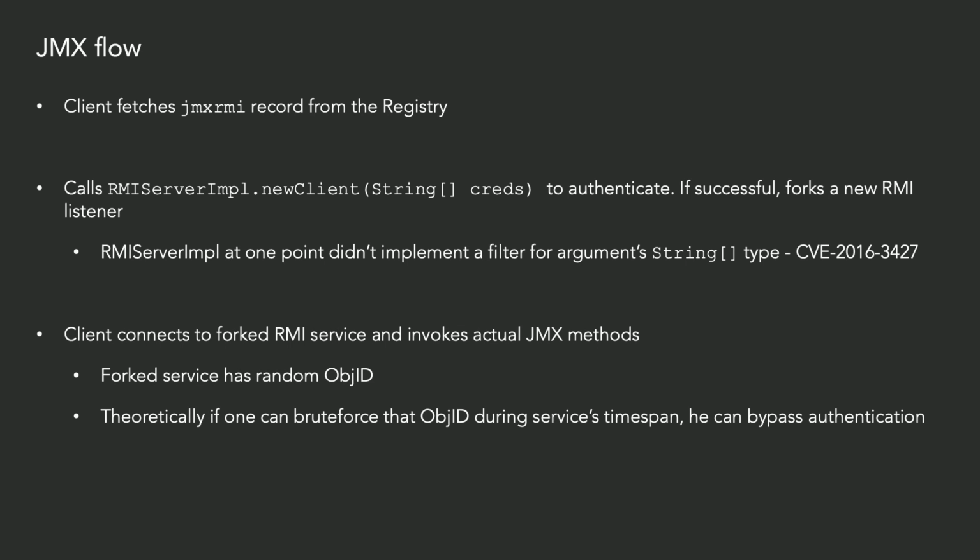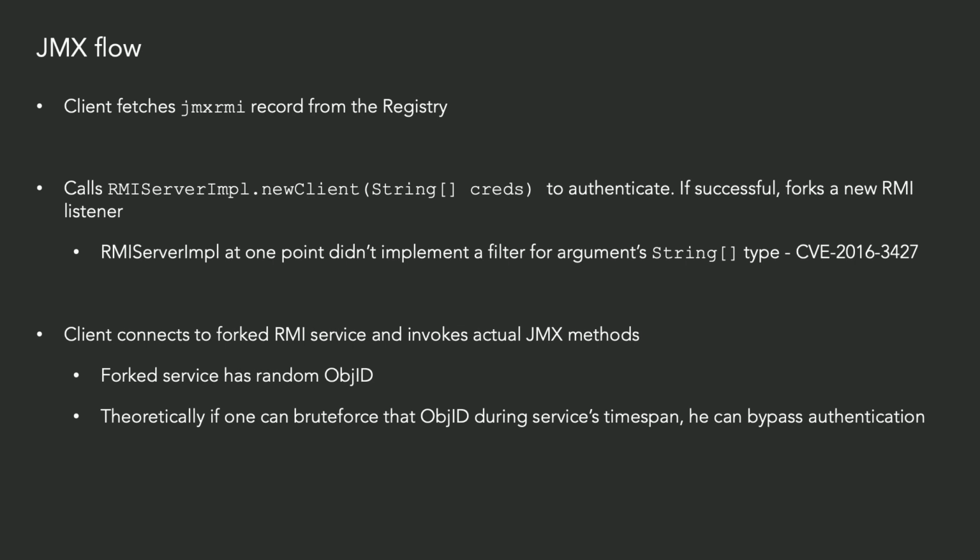If successful, it forks a new RMI listener. In the past there has been one fix here, because Oracle didn't implement the filter for the argument string types, so it led to arbitrary deserialization. And finally, the client connects to the forked RMI service and invokes the JMX methods.